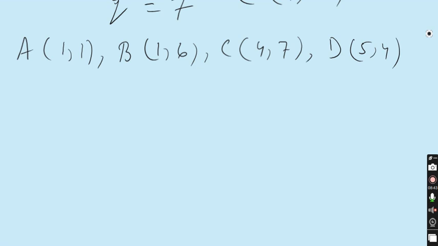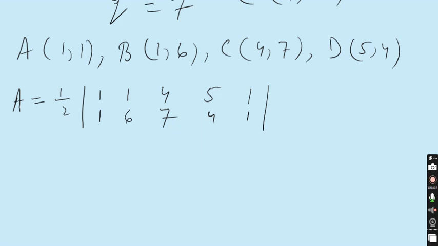We will use the formula for the area of any quadrilateral. That is, area is equal to 1 upon 2 times the determinant of x1 y1, x2 y2, x3 y3, x4 y4, x1 y1.